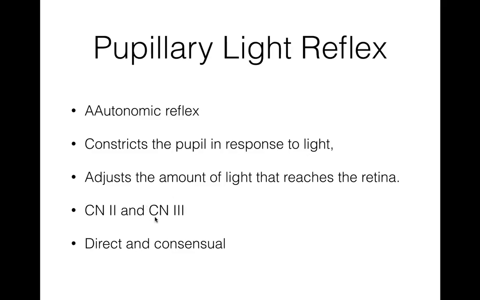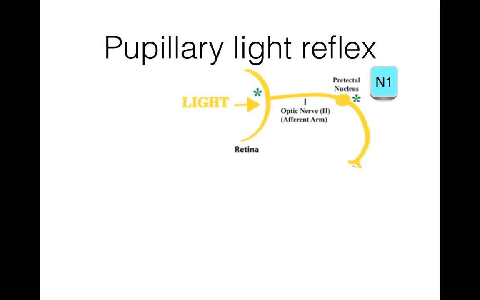There are two types of pupillary light reflex, both of which will be discussed today. There's the direct light reflex, and of course, there's the consensual light reflex. Now, let's trace its pathway.